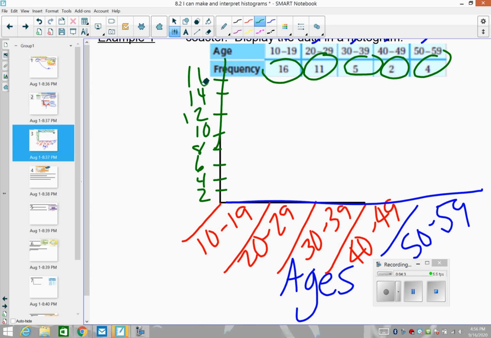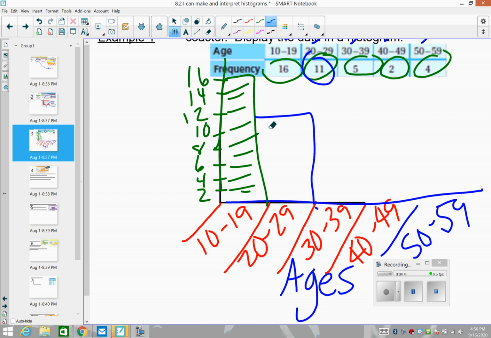If we talk about the frequency of ages 10 through 19, we say that we had 16 people, as we surveyed their age, that rode the roller coaster between the ages of 10 through 19. We had 11 people ages 20 through 29.